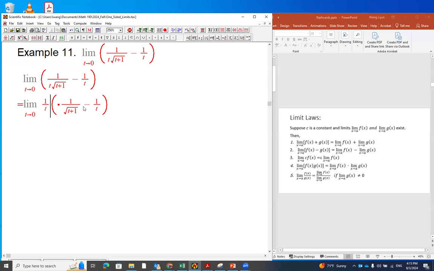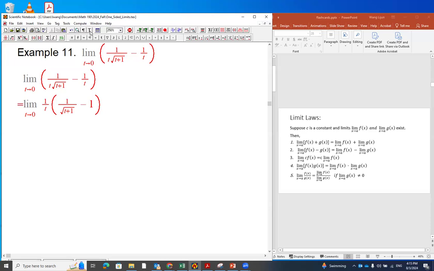I take out the 1 over root t, and this 1 over root t is also factored out, so it becomes 1. You can verify if you take this one and multiply, you go back here. 1 over root t times 1, you go back there. So everything's justified.